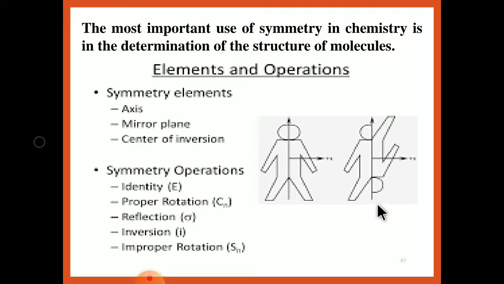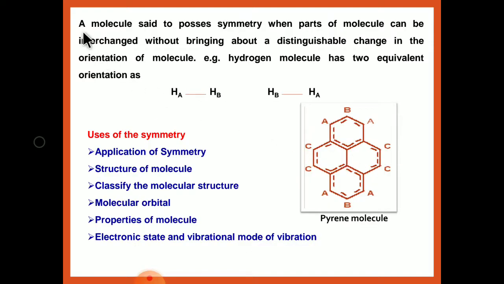But in this case, the first part is not matching with the other part of this image, so it does not possess symmetry. A molecule is said to possess symmetry when parts of the molecule can be interchanged without bringing about a distinguishable change in the orientation of the molecule.